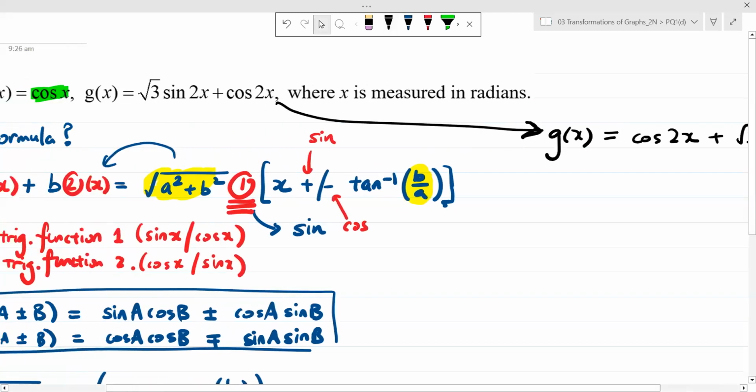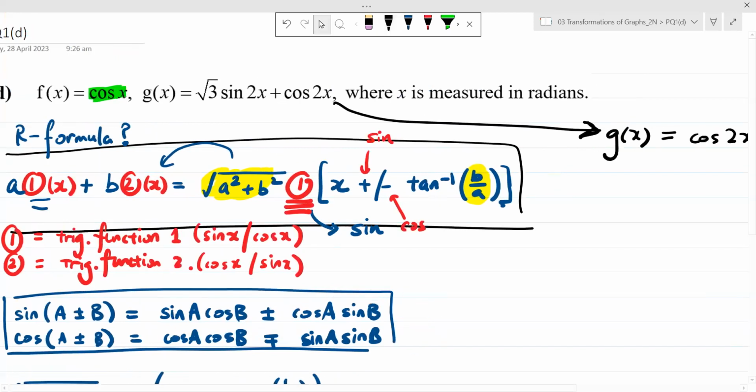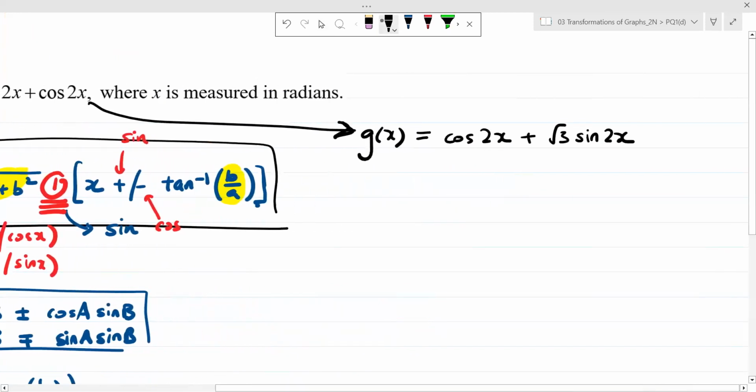Now I follow this R formula rule. Go and check whether it's in MF26. Anyway, take the coefficient on the cosine and the sine.